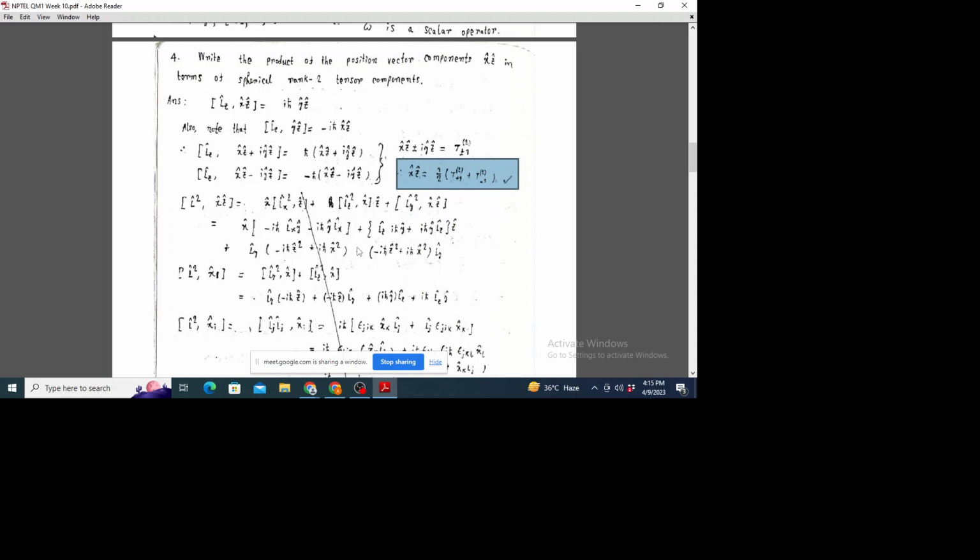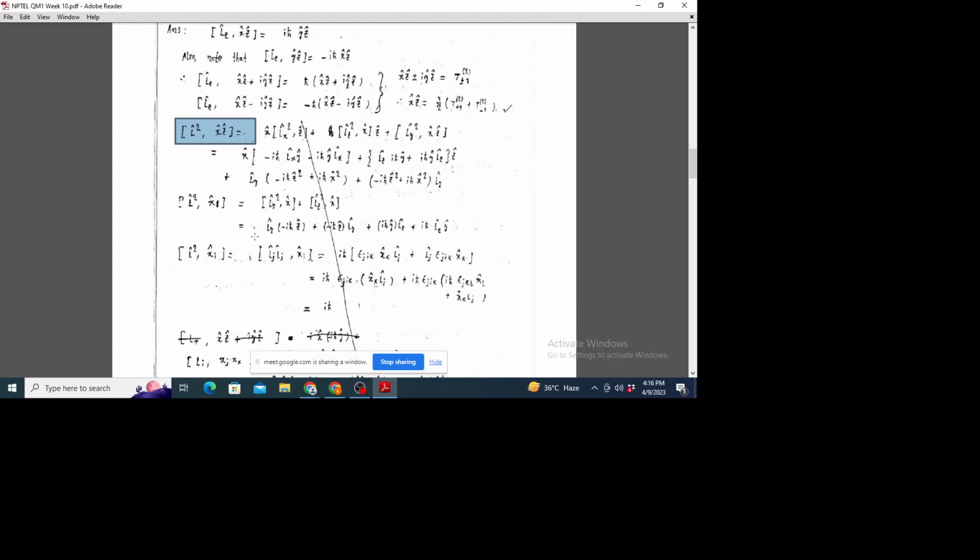So remember, you need to remember that this is not a definition. If I used this, it is wrong. The definition is only in terms of Lz and L plus minus, so these three commutation relations.